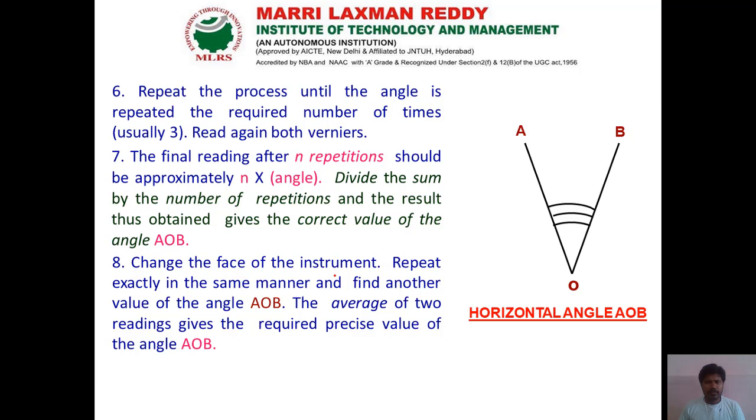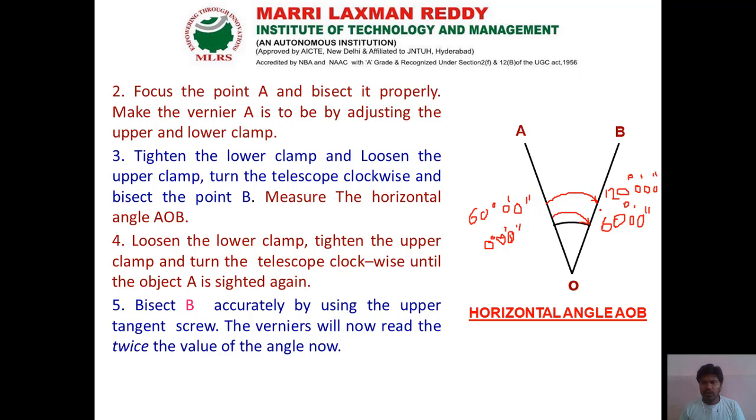Now once again we have to go to the procedure. We loosen our lower clamp screw, keeping the upper clamp screw tight, so that we can rotate our instrument in the horizontal plane without change of the readings in the vernier scale.